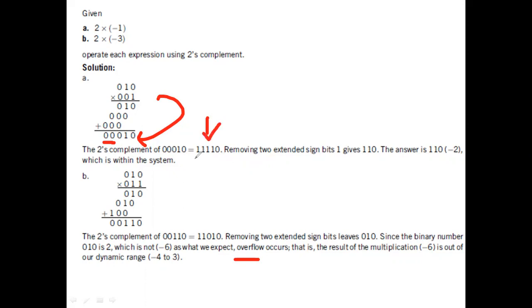Then these two bits have been removed, and luckily, the answer was in the range. It was not the case for 2 into minus 3, giving you minus 6, whereas the minimum number that you can represent was minus 4. So there was an overflow.